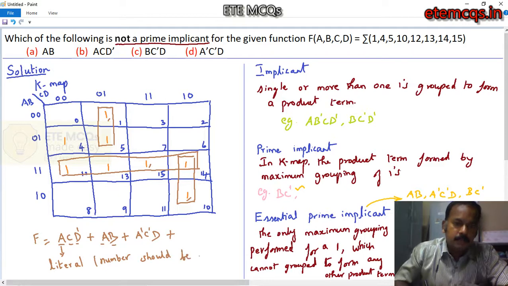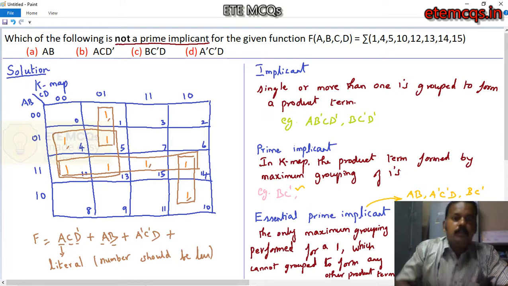And for the sake of this one, it is fine to form a quad. So what you get is B C dash. B is constant along the rows, and C dash, C equal to 0, is constant in all the 4 cells. So it is B C dash.